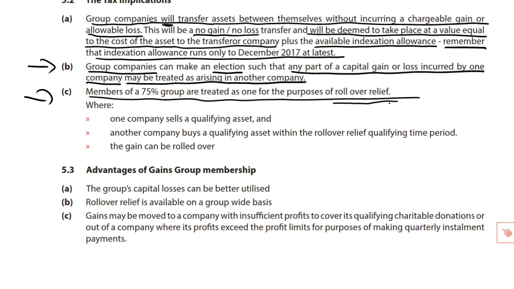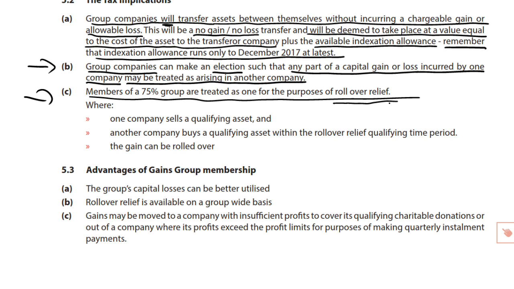So the gain made on the sale may be deferred, hence the name rollover, by rolling over that gain against the base cost of the asset acquired by the other gains group member. So the principles of rollover relief are exactly the same, except this time it is not the same company doing both the selling and the buying. The selling company makes the gain, and its gain is deferred by rolling it over against the base cost of the asset acquired by the other gains group member.